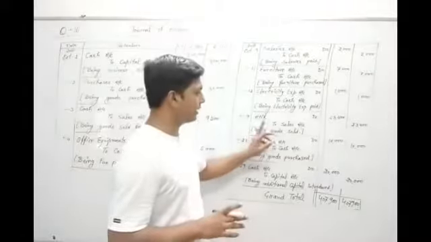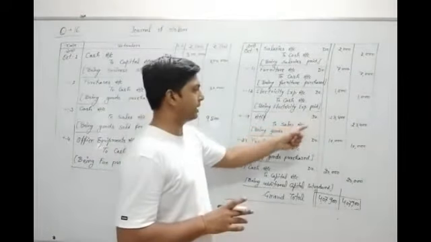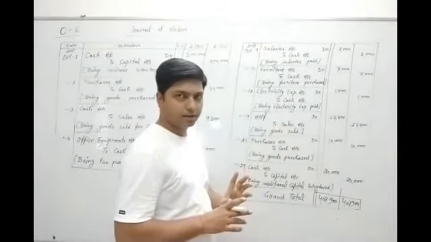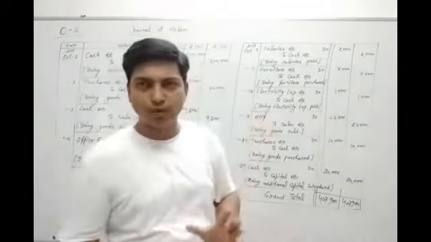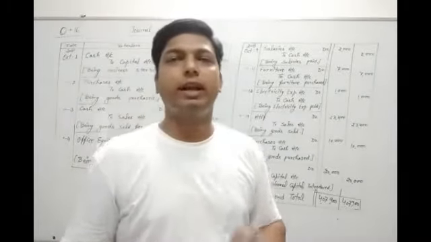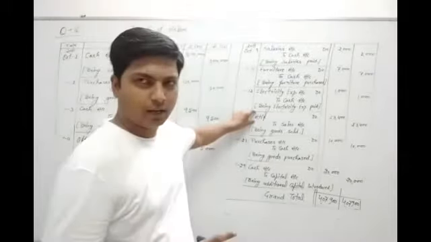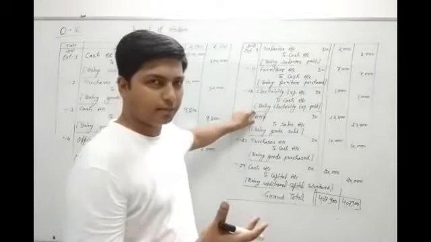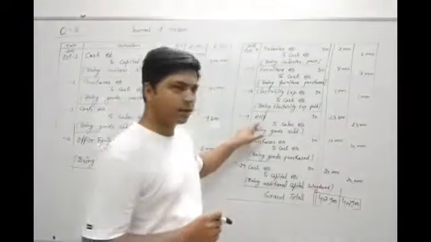So here it is a credit sale. That's why Atif is debited and sales account is credited. Atif is a personal account, and the rule of personal account you know very well: debit the receiver and credit the giver. So here Atif is the receiver because goods sold to Atif means Atif will receive the goods. Therefore Atif is debited here.